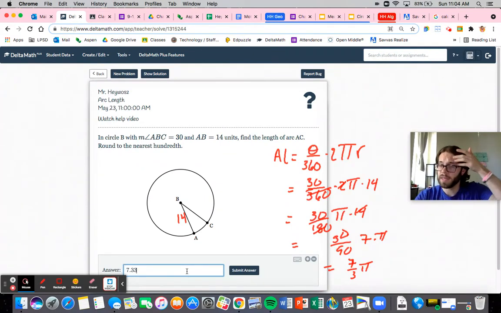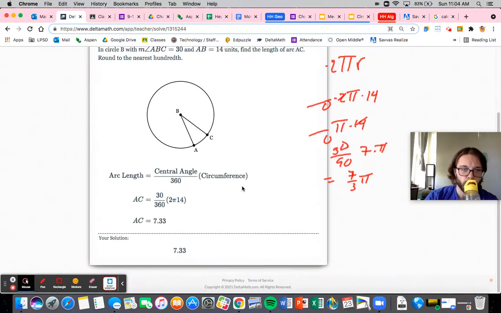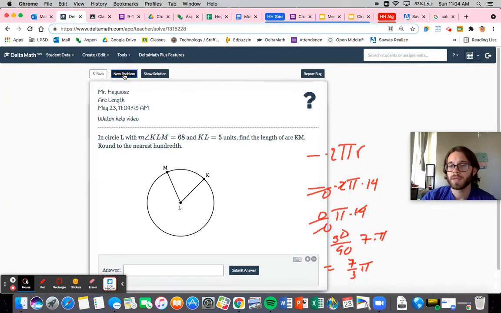Make sure you actively hit the pi button, because if you don't hit the pi button and you put in like 3.14, it's not going to make a huge difference, but it might make enough that your hundredths place is slightly off, and it'll yell at you. So do be careful with that.